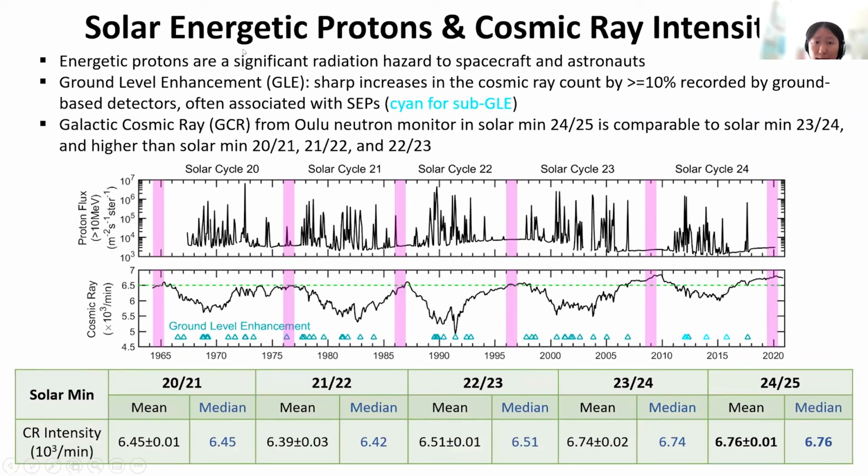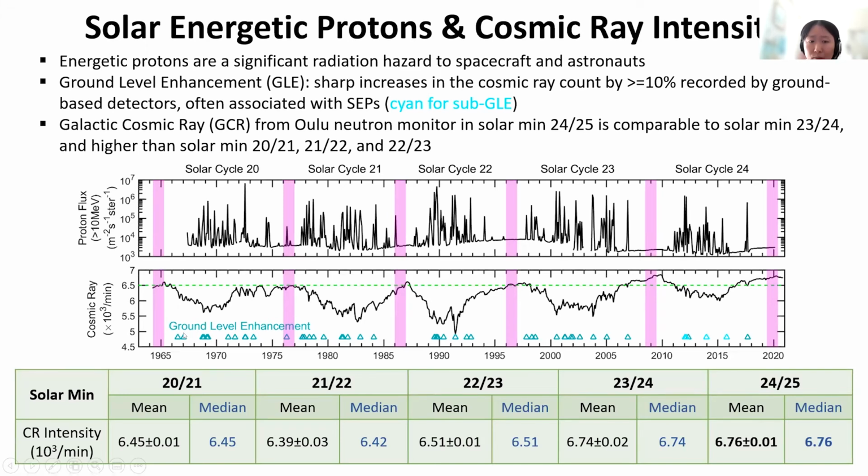Okay, the solar energetic protons and the cosmic ray intensity. Here shows the proton flux greater than 10 MeV, and you see it is smaller for the solar cycle 24. However, there may be some effect due to the instruments and the emissions.